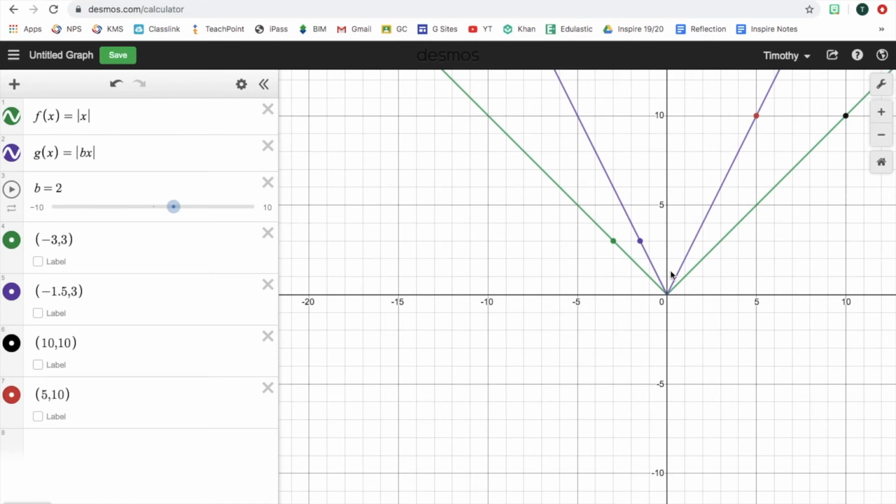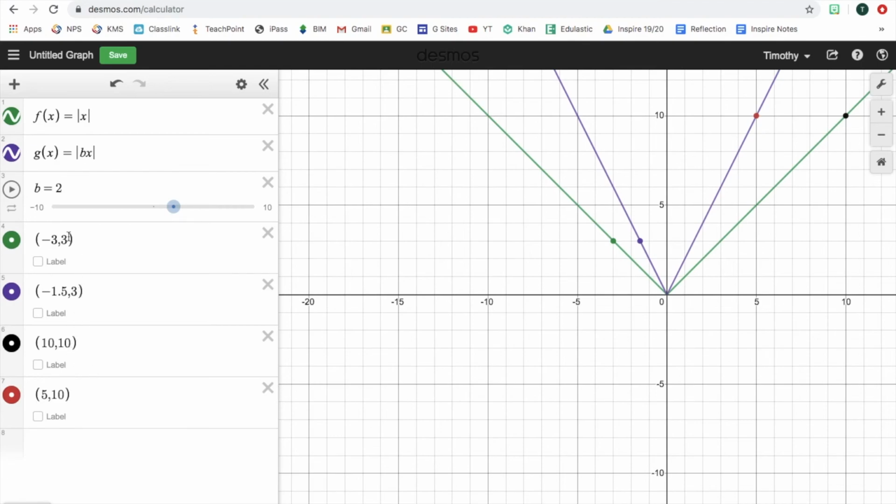And last, we have a horizontal stretch. I'm going to get this back. A horizontal stretch is when b is between 0 and 1. So let's stretch it by a factor of 2. I'll keep these two points here, and instead of dividing, I'm going to multiply.